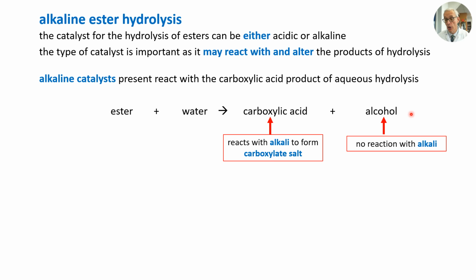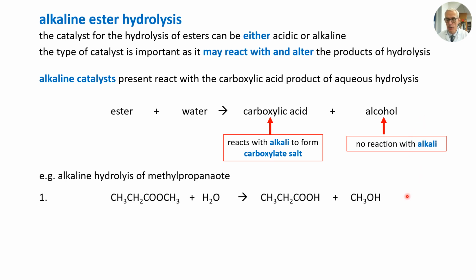So, fortunately, alcohols, as far as the chemistry is concerned, do not react with alkali. So, an alkaline catalyst only reacts with the carboxylic acid product and not with the alcohol. So, if we look at this as a 2-step process, first of all, the reaction of the ester with water. So here's our methyl propanoate reacting with water to give us propanoic acid and methanol.